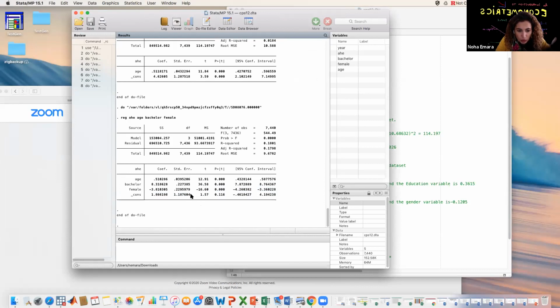All you need to do to determine whether age has a statistically significant impact on AHE is to see whether this one exceeds the 1.96, because we are using a 5% significance level here. If you want to use the 10%, then just compare this with the 1.64, right? Because whether I'm using a one-sided or two-sided test, the t-statistic is the same here.